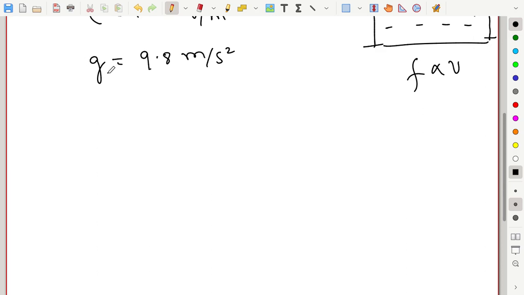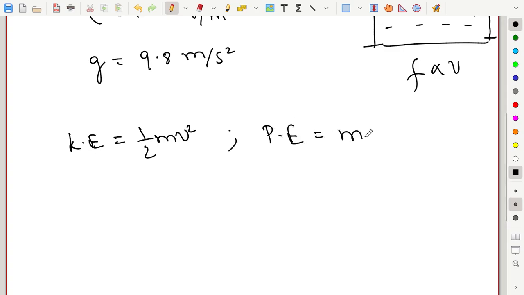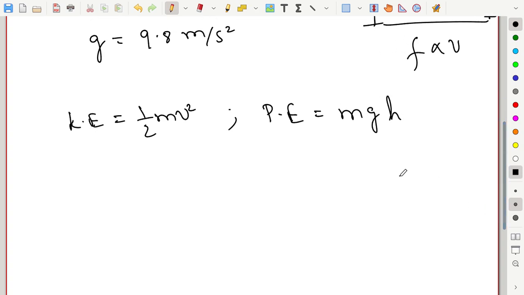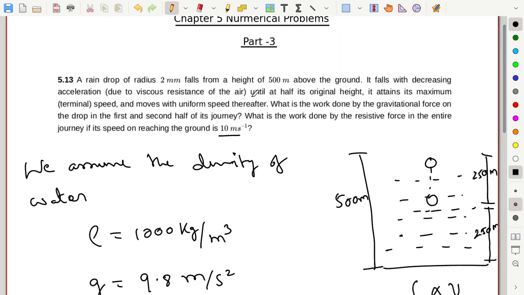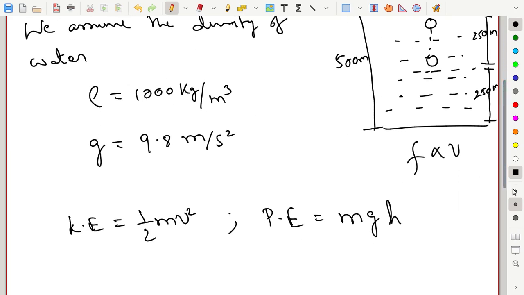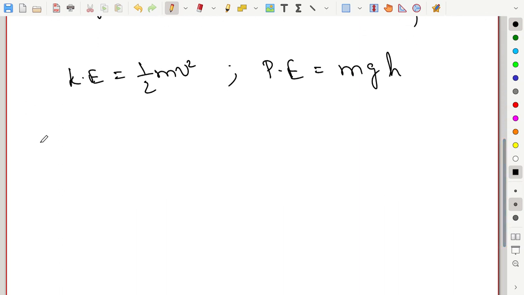For both cases, we need the mass because for kinetic energy, the formula is half m v square, and for potential energy, the formula is mgh, where h is the height we are considering. So in order to solve both these quantities, we need mass. But we nowhere have the value for mass. They have provided the radius of the raindrop, and from these quantities we can find the mass of the water drop.